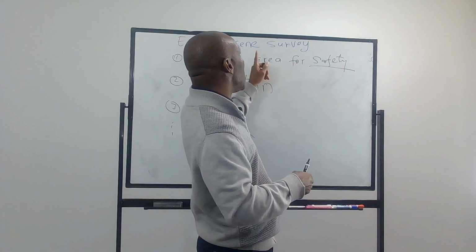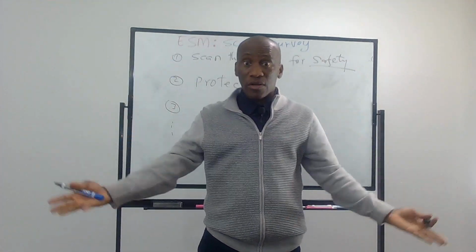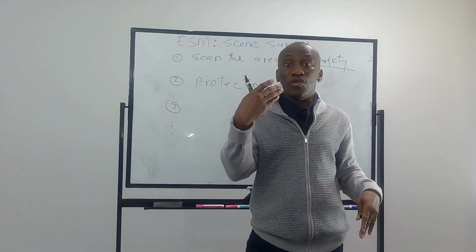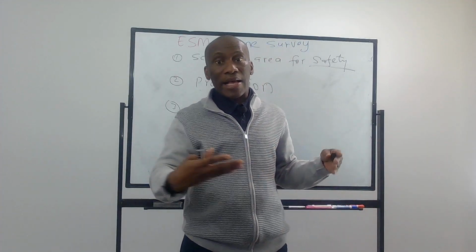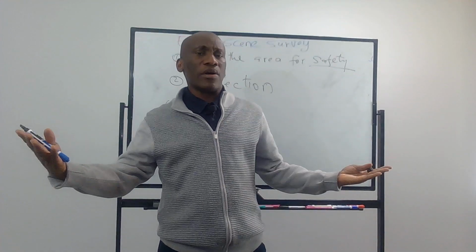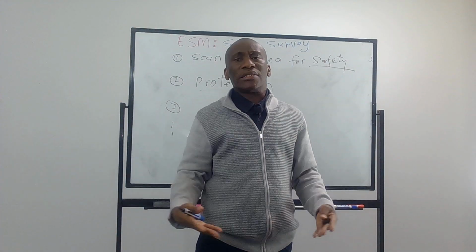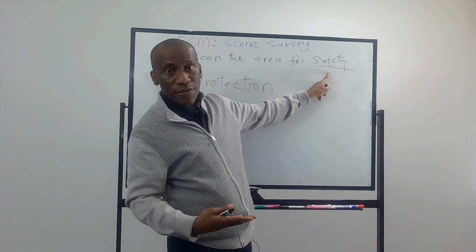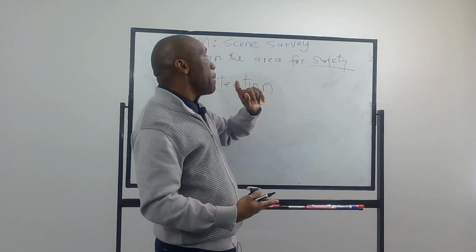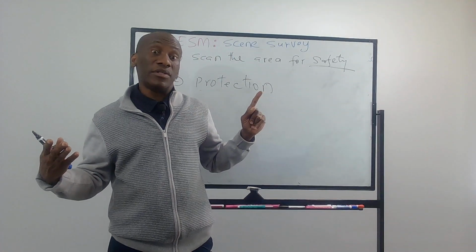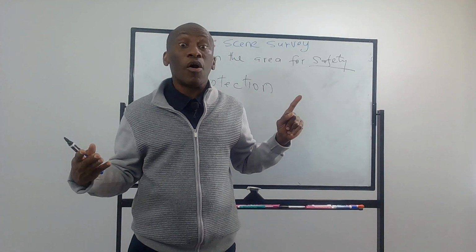Of course, when you do scene survey, you're using your sense organs, the eyes, the ears, the nose, you can smell the gas, you can feel the heat. So you're using the sense organs to do the assessment of the area, targeting physical hazards. But there are biological hazards that you may not be able to detect using your five sense organs.